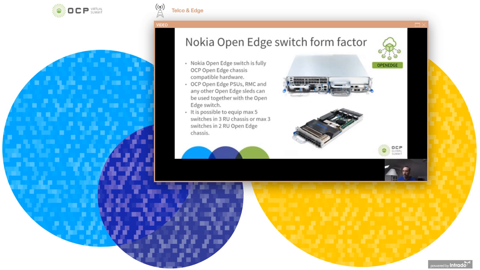It is then possible to equip a maximum of 5 switches in a 3 RU chassis, or a maximum of 3 switches in a 2 RU Open Edge chassis. In a typical configuration, we would not have just switches in the chassis, but we would also have other types of sleds to implement the needed application use case functionality.